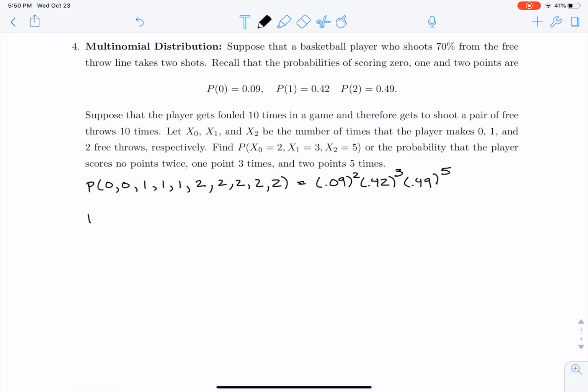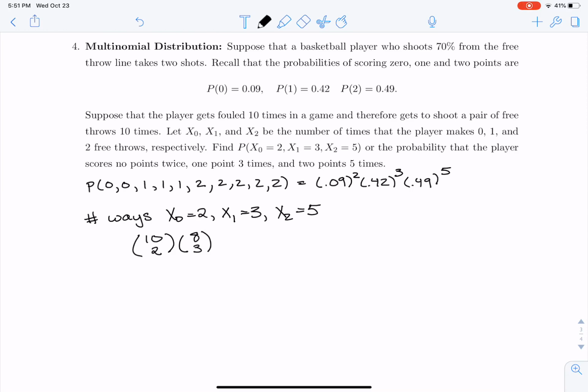So we should calculate the number of ways x0 is 2, x1 is 3, and x2 is 5. What we can do is take the 10 free throw attempts and choose 2 of them to be the number of times that the player makes 0 free throws. And then from the remaining 8 attempts, we can choose 3 of them to be the number of times that the player makes 1 free throw.